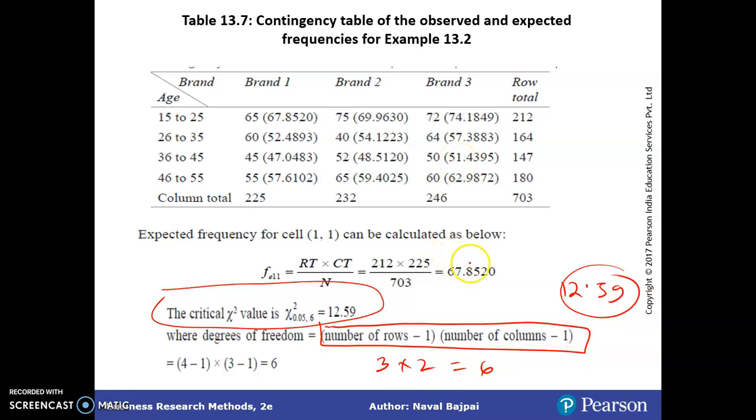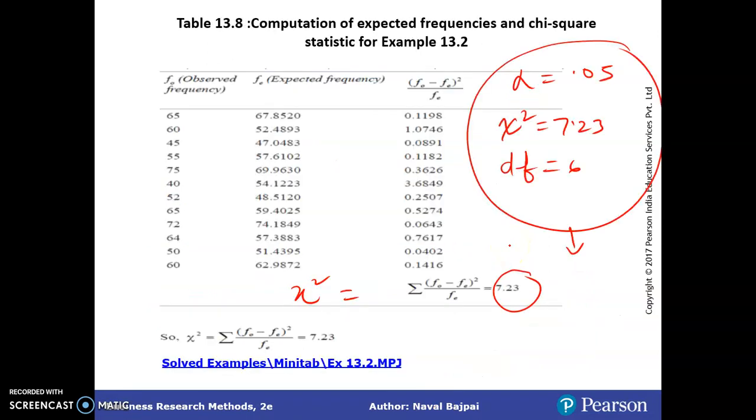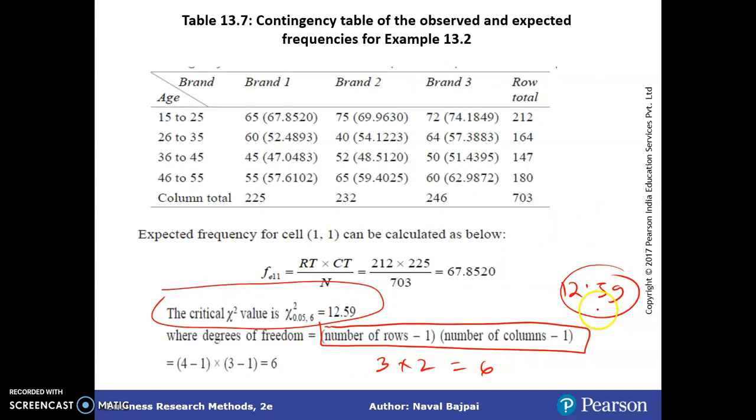In our case, the calculated value is 7.23 and the critical value is 12.59, which is greater than the calculated value. So in this case, we cannot reject the null hypothesis.